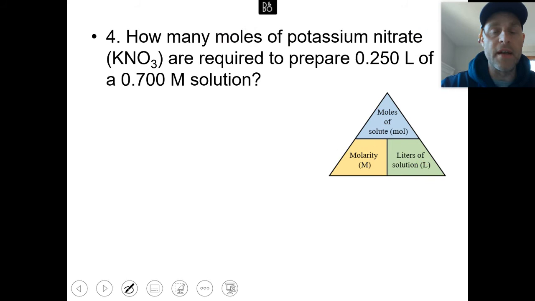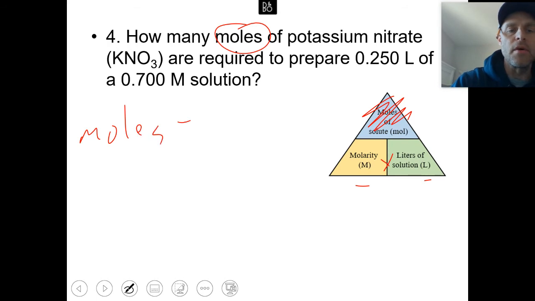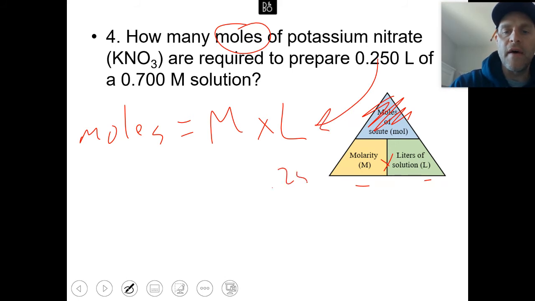Guys, we're almost half done. Here we go. 4, how many moles? So again, I'm solving for moles. Cover it up. What do I got? Molarity times liters. Moles equals molarity times liters. Plug them in. 0.25, plug it in. 0.7.